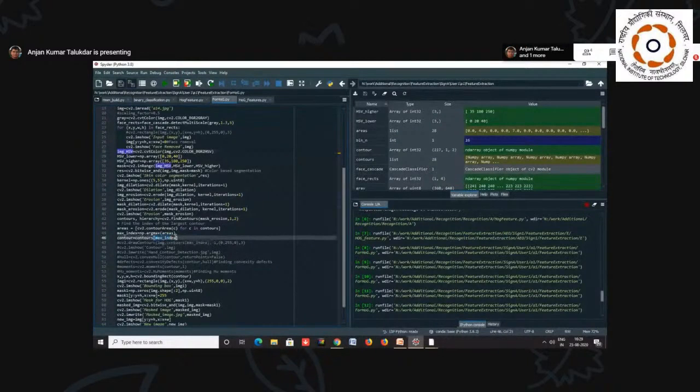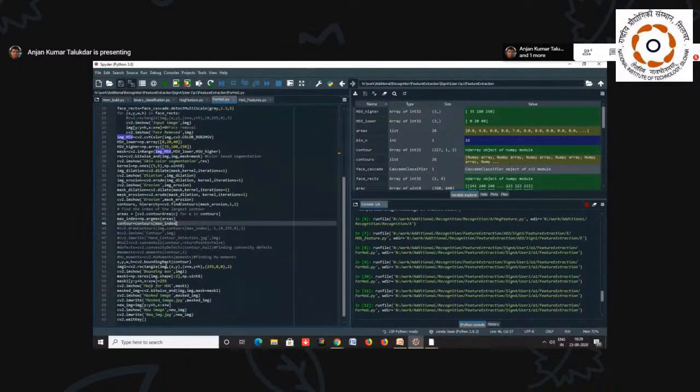We have selected the contour with the largest area, basically for the palm part. Okay, then we have created one bounding box for selecting the palm part using the cv2 bounding function.